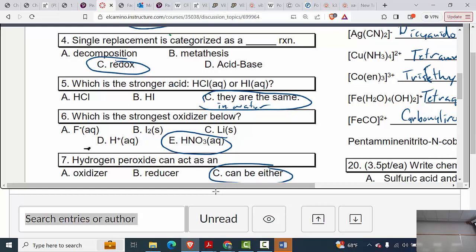Which is the strongest oxidizer below? Isn't fluorine the strongest on the table? Yeah. Fluorine's the strongest on the table, so why isn't it A?